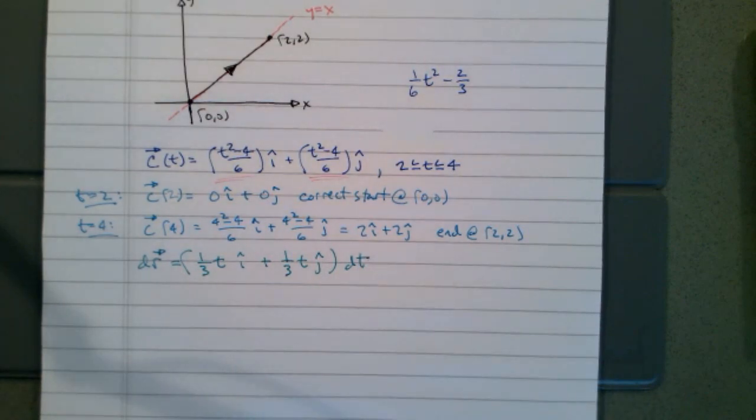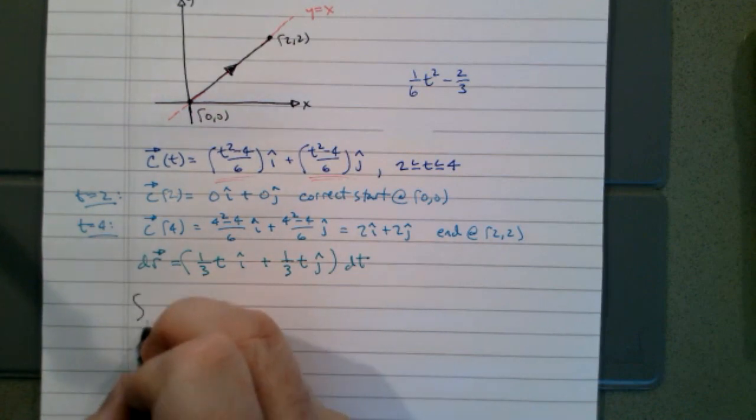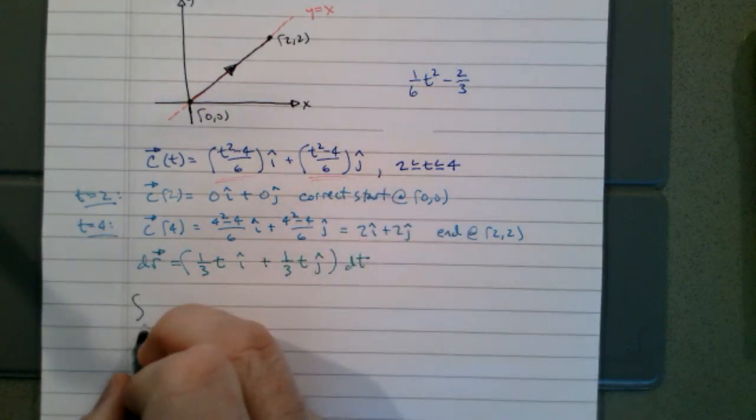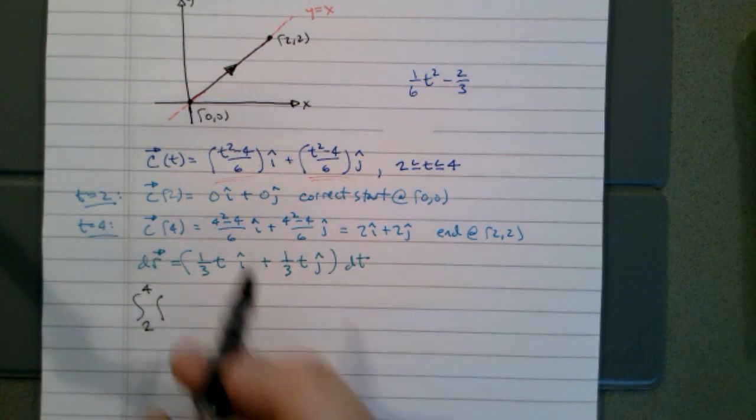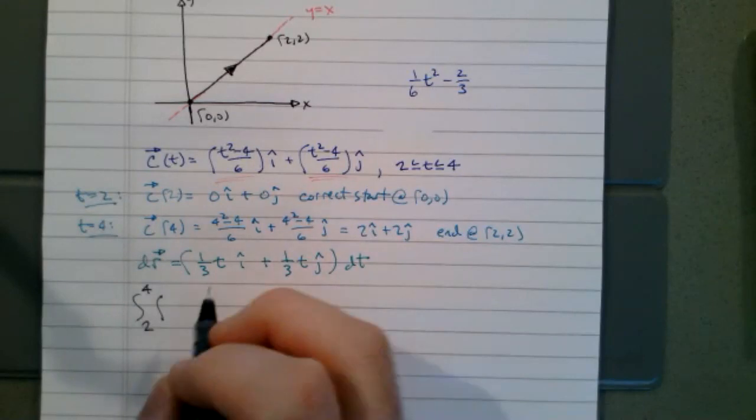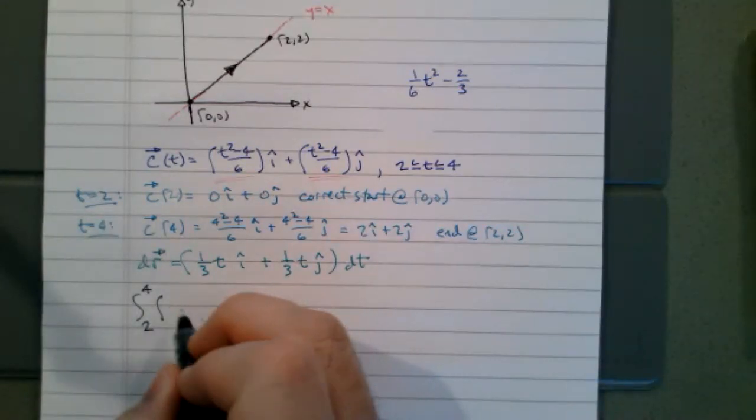Then we just need to set up our line integral. In this case, our integral will go from 2 to 4, and I'll have the function evaluated at the parameterization. So the function is 3x minus y.